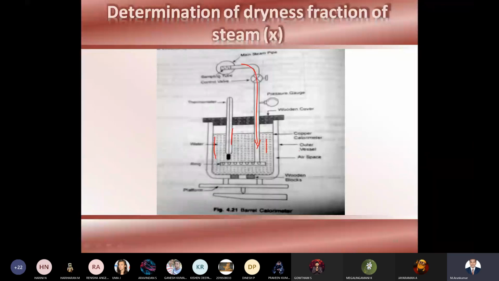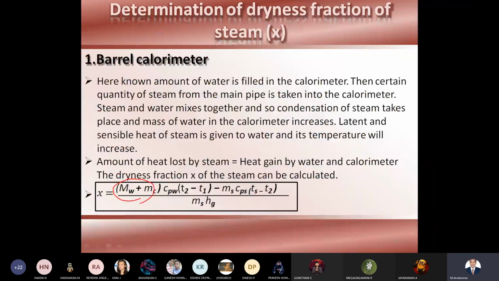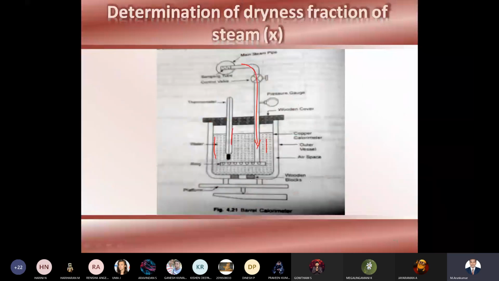So from that we can calculate the dryness fraction with the use of this temperature, with the use of this equation. We know the other values, CPW we know, and CPS we can take from the steam tables, then we can find the X value with the use of the barrel calorimeter.